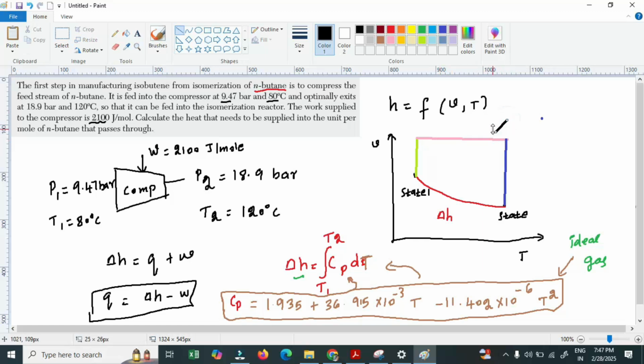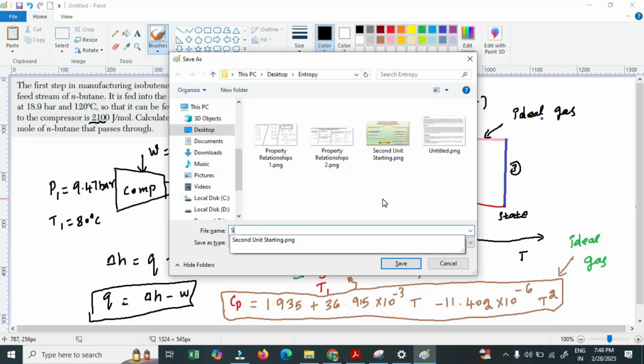So I took this image here, and as per the state property, del H is equal to the change in enthalpy in step number 1 plus the change in enthalpy in step number 2 plus the change in enthalpy in step number 3. Since enthalpy is a state function, the summation of all 3 steps will be my actual change in enthalpy.